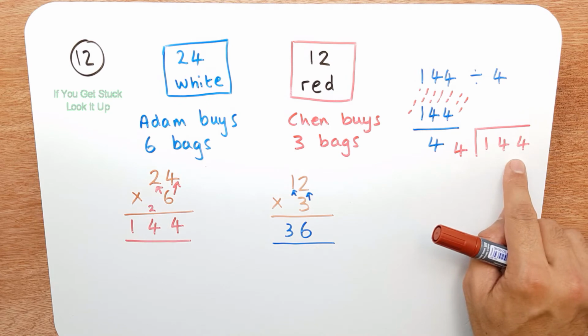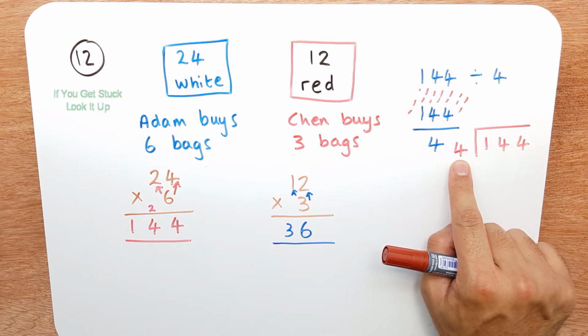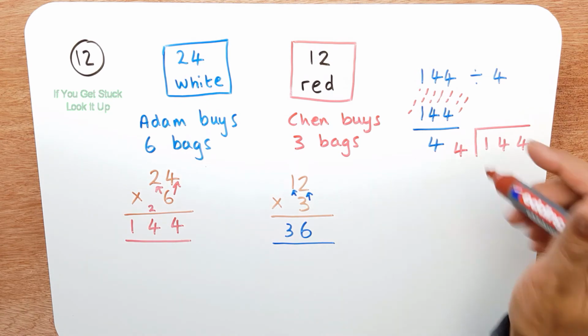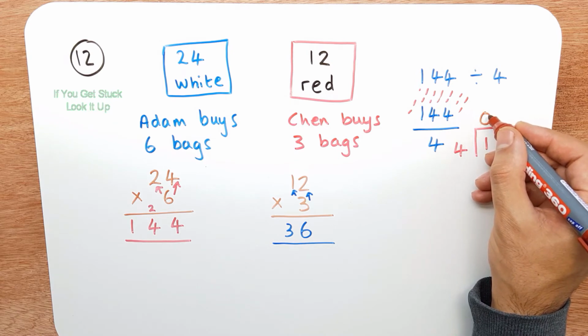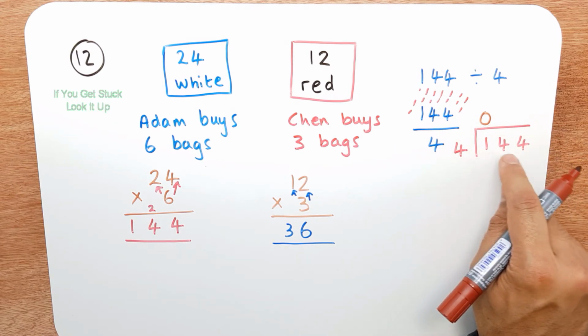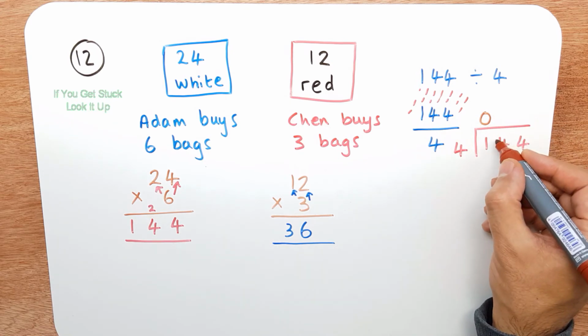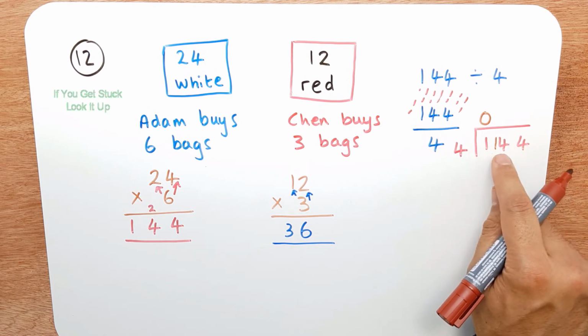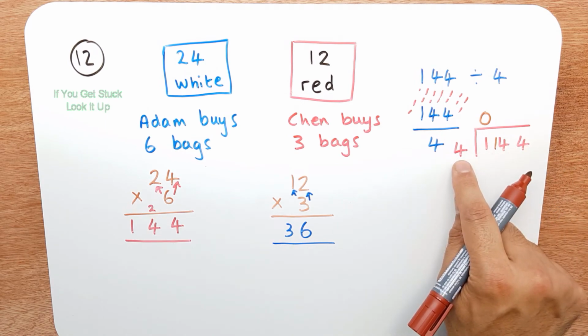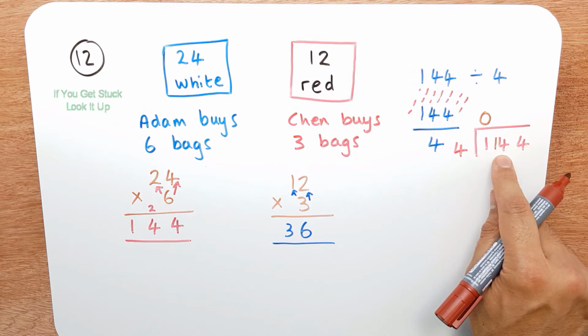Now that's our question. So how many 4s are there in 1? We can't get any 4s, so this one gets carried over. Now that 4 becomes 14. So how many 4s are there in 14?